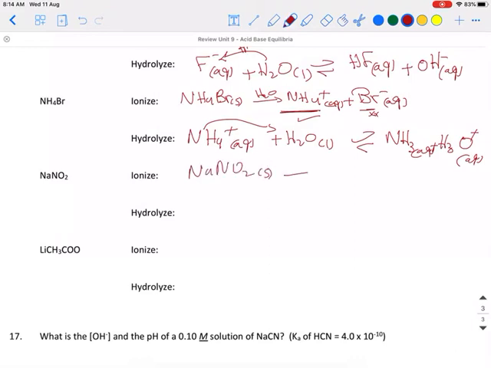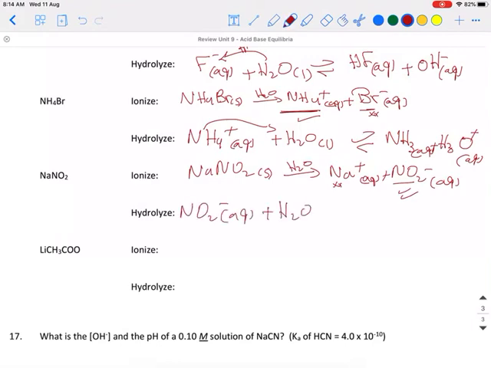Now NaNO2, again a salt. If I add water to it, it will split completely into the corresponding Na plus and NO2 minus. Na plus comes from a strong base, so it has no affinity to water. NO2 minus comes from nitrous acid, which is a weak acid, so the ion has affinity to water.